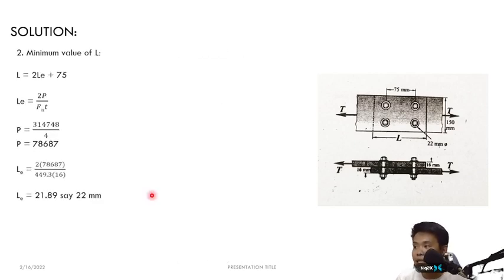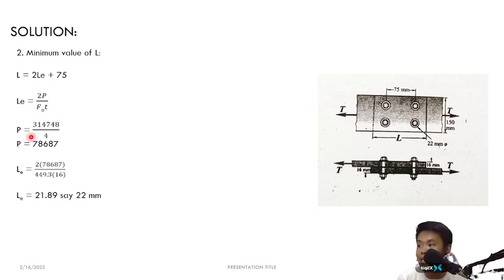So, next is to solve the minimum length. Formula na L is equals to 2 edge distance plus 75. So, yung edge distance is equals to 2P over Fu over t. So, direct substitution lang din.